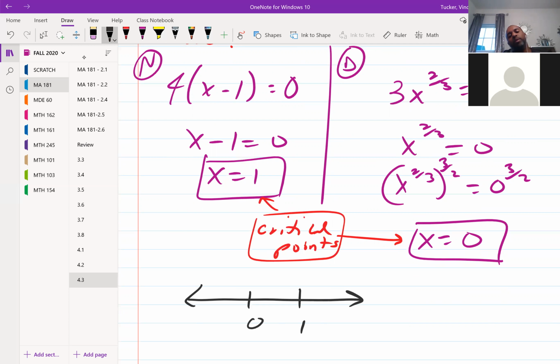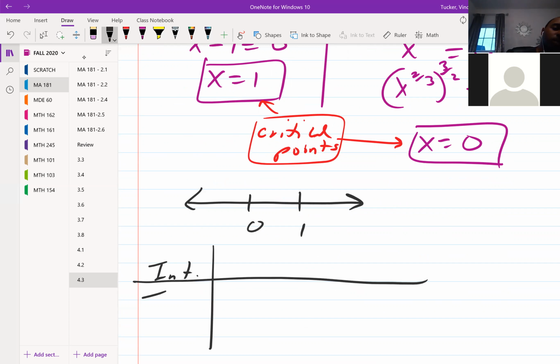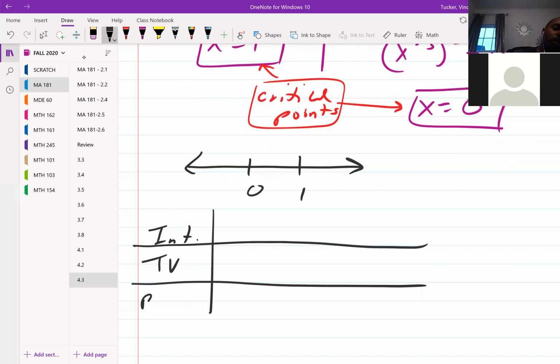All right, so we do what we did last time. We can set up our chart. We got our intervals, test values, and then behavior of the graph.